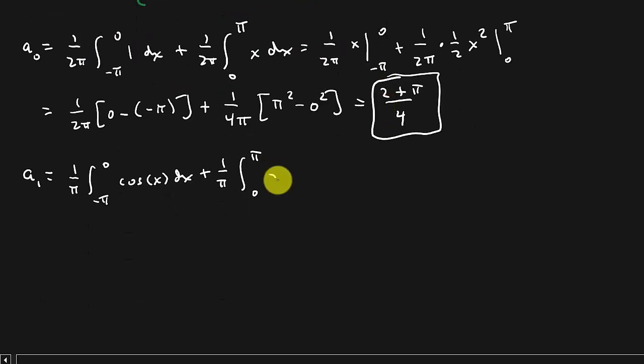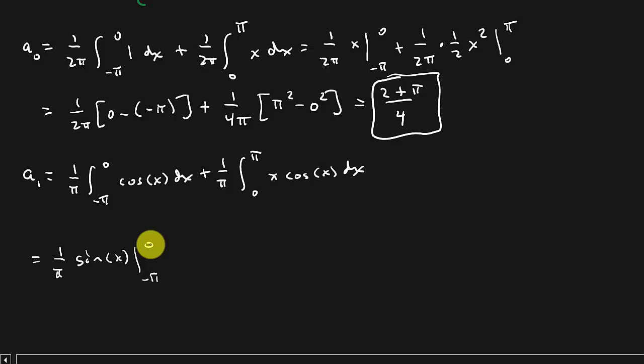So that's going to be x times cosine x dx. All right. So now we've got 1 over pi sine x from negative pi to 0.